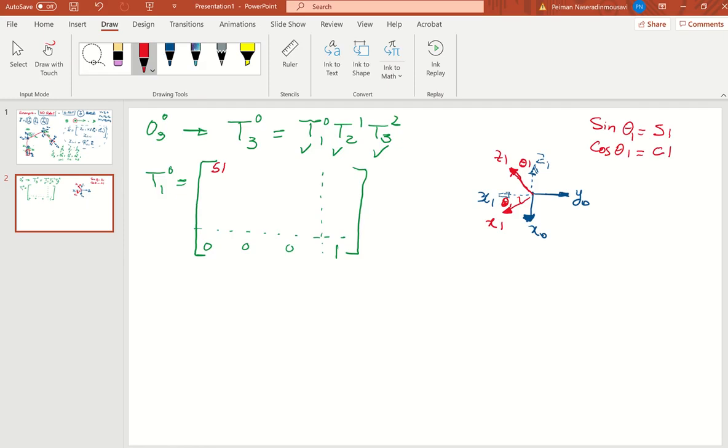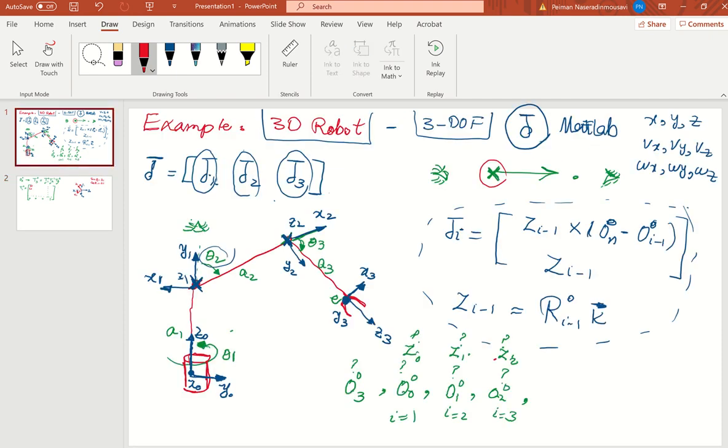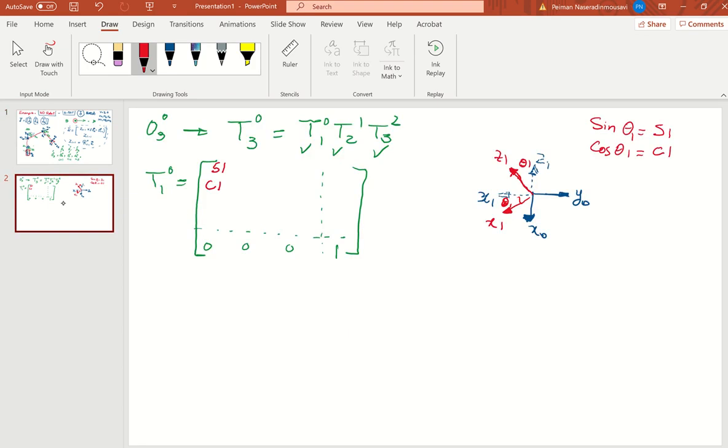X1 over y naught is cosine theta 1. And x1 over z naught? Look here, guys. Projection of x1 over z naught, because it's normal to that, is going to be 0. I taught you previously.